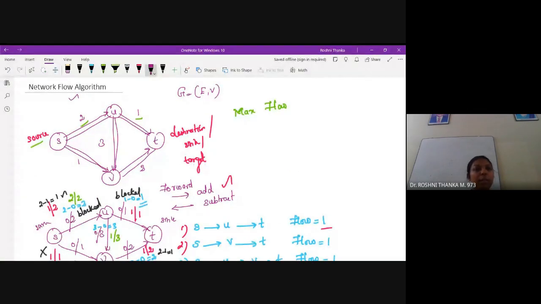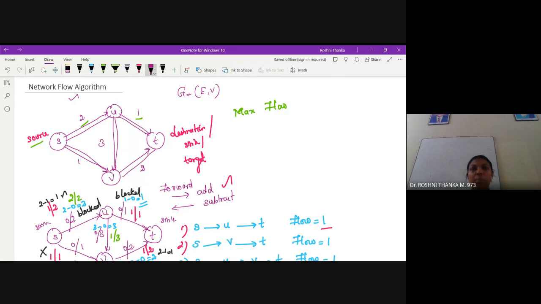And one more thing I have to tell you is this network flow. This is how we can find it whenever we have a graph. In real time, for example, we have Karunya University here, many other universities in Coimbatore, Anna University in Chennai. So for example, we have different places. If we want to send data, the capacity or the flow or the cable may be of different kinds.